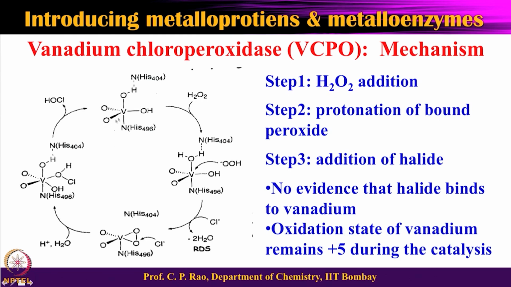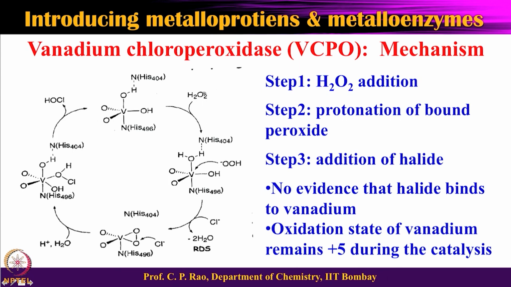So, in these cases, the vanadium is found like a vanadate which is suspended in the enzyme, and one of the coordinations is coming from the histidine of the protein. So, therefore, it takes more or less a trigonal bipyramidal geometry, in the vanadium 5 form. You can very nicely study the coordination sphere, the ligands, using the vanadium-51 NMR.